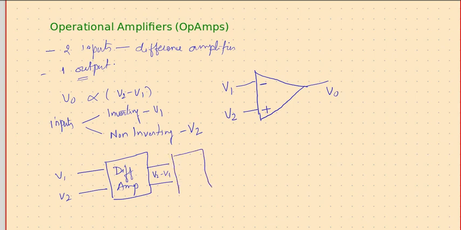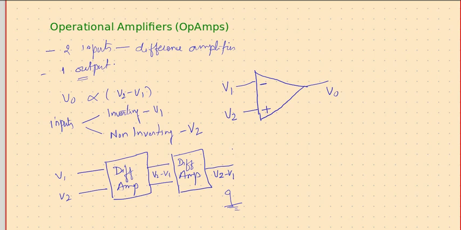This differential amplifier is given to another stage of differential amplifier where it gives only one output, V2 minus V1, whereas here the V2 minus V1 is between these two voltages, whereas this V2 minus V1 is with respect to the ground. So this is balanced, this is unbalanced. That means it has to be always checked with respect to ground.